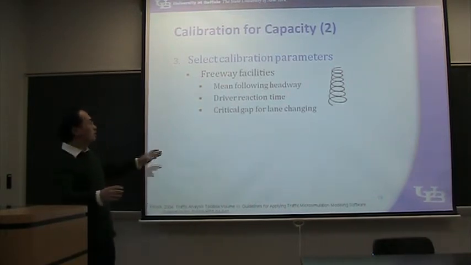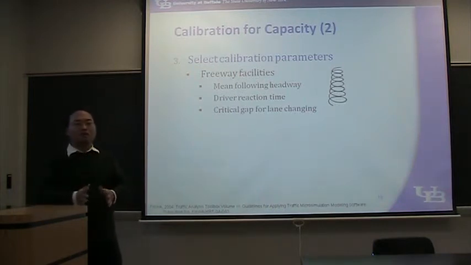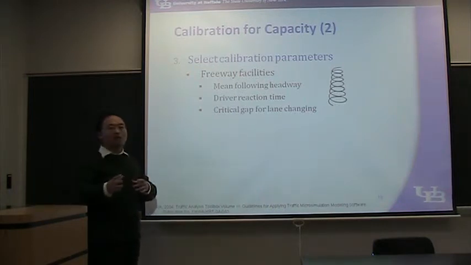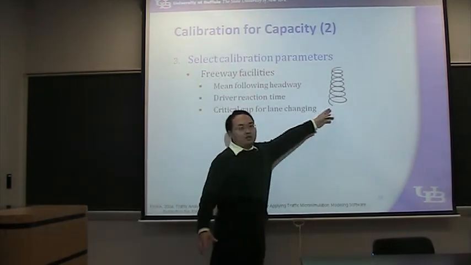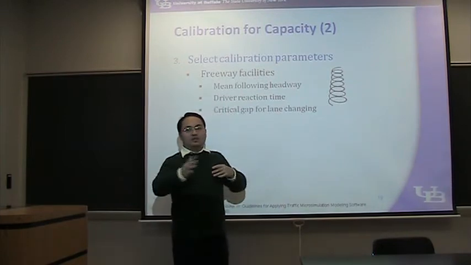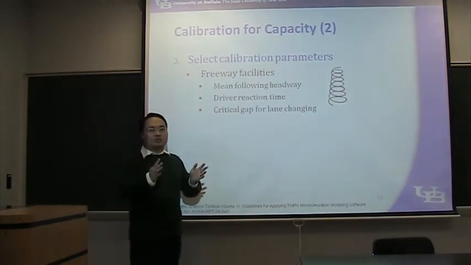Let's suppose all the vehicles have 0-second reaction time. Then all the following vehicles are going to change their speed instantly. So their relative headway will not change. Using the spring example, this spring is very hard, it cannot be compressed, right?